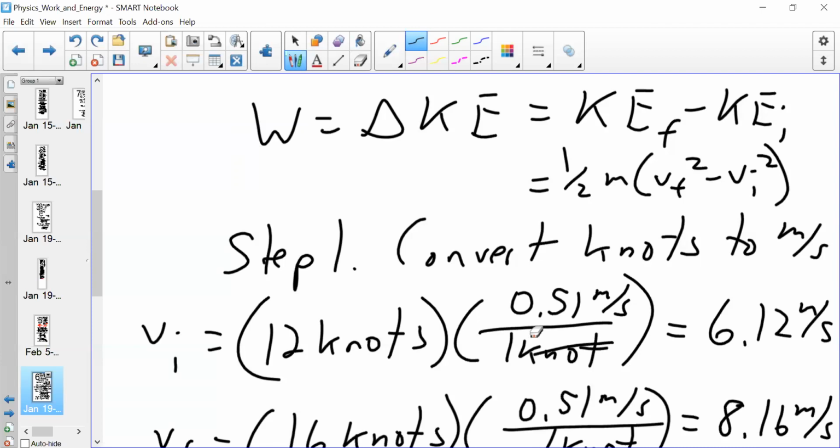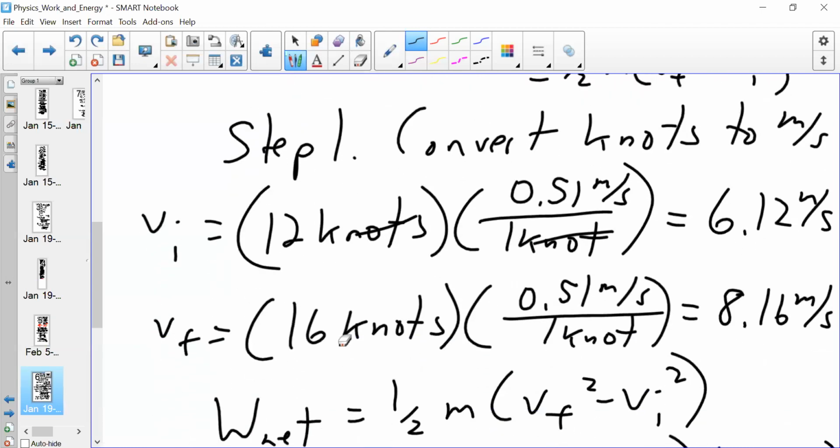Cross out the knots, and we get 6.12 meters per second. And our final speed, 16 knots, times 0.51 meters per second over 1 knot, is roughly 8.16 meters per second. Now we have everything we need, put it into our work equation, and we get our work.